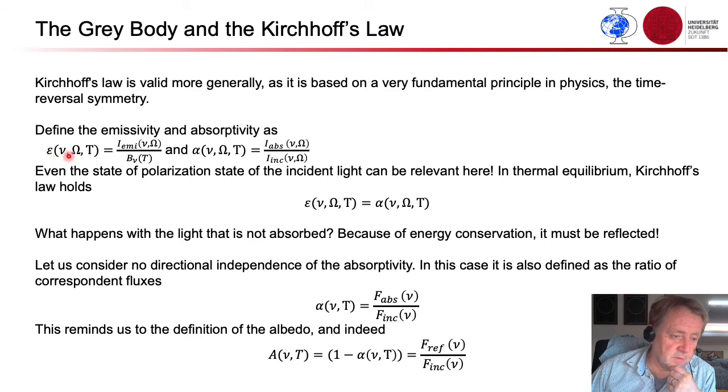epsilon as a function of frequency nu, direction omega, and temperature T as the ratio of the emitted radiance at frequency nu and direction omega with respect to the corresponding Planck radiation of temperature T. And we define the absorptivity as the absorbed radiance with respect to the incoming radiance, both functions of frequency and direction.